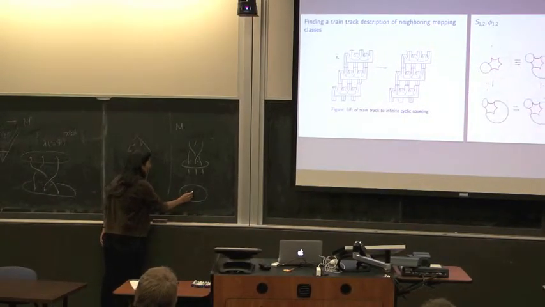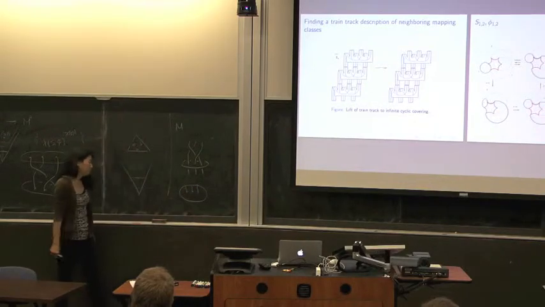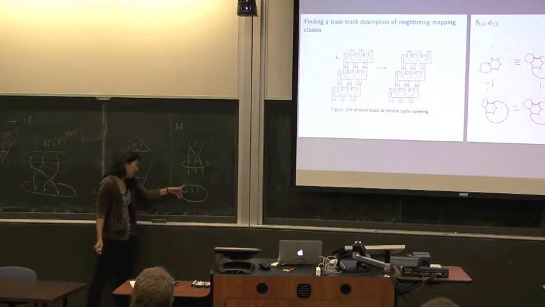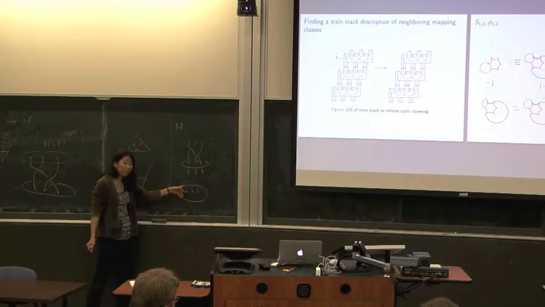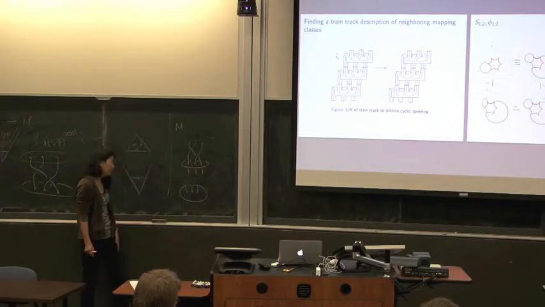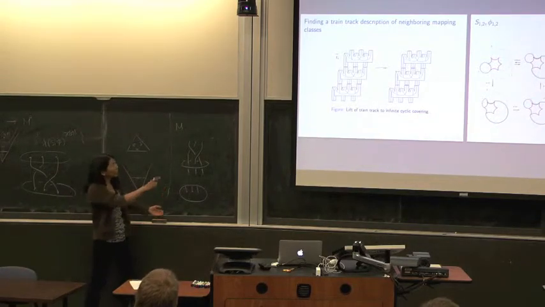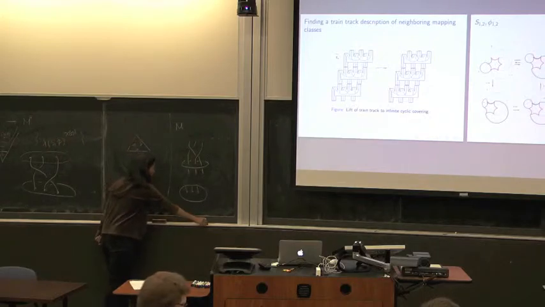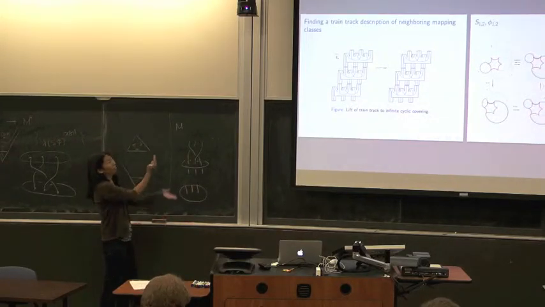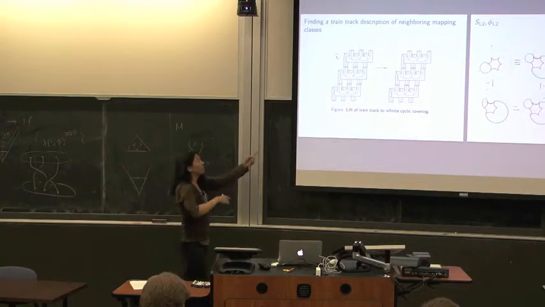The relative first homology class gives you, dually, an element of the invariant cohomology. To get the covering, all you have to do is cut along these slits and then glue them to each other in this way.